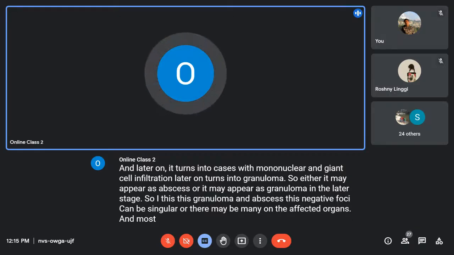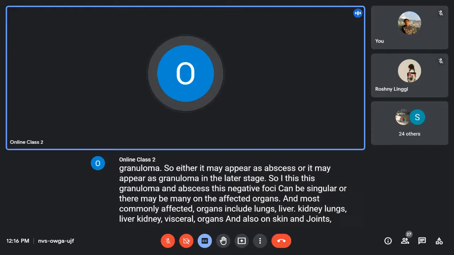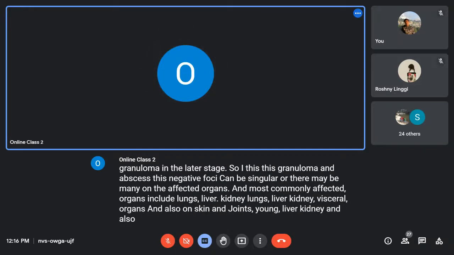And most commonly affected organs include lungs, liver, kidney, visceral organs, and also on skin and joints.